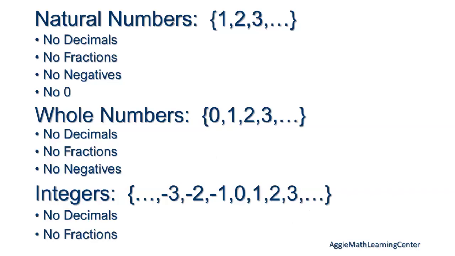Just as a reminder, the natural numbers are like whole numbers, 1, 2, 3, 4, 5, 6, if we're just counting. We don't count using decimals. No fractions, no negatives, and also no zero. So these are only extant numbers.